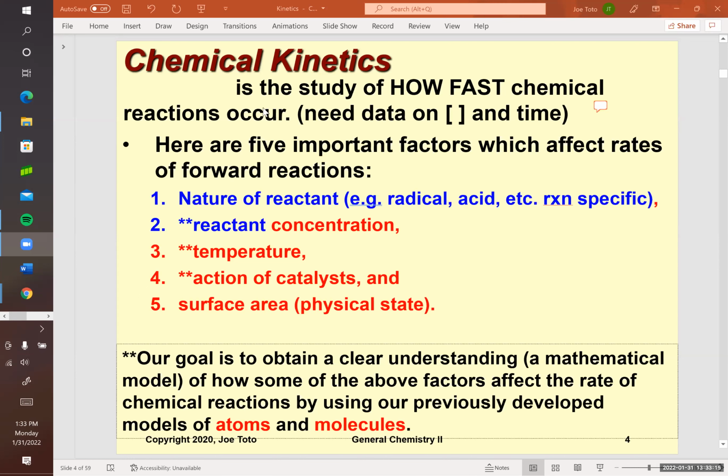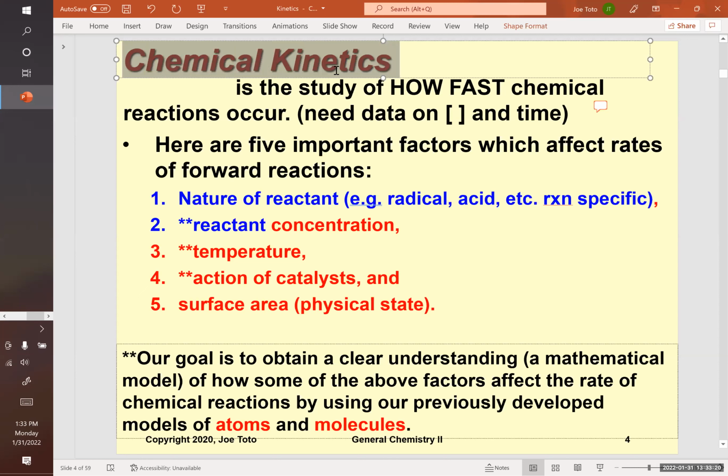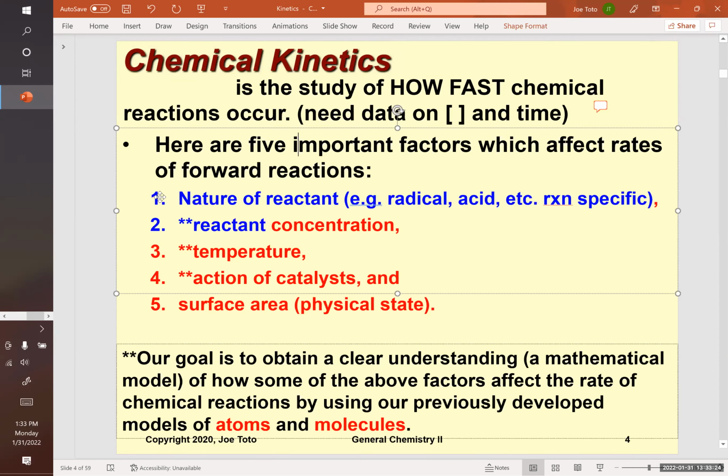All right, so the first thing that we want to talk about is chemical kinetics, the speed of reactions. And this first topic here is really what we've been talking about. What kind of reaction is it? Is it an acid-base reaction? Is it a combustion? Is it a displacement or an exchange reaction? That's what you guys called it in Chem 200, single and double exchange, and so forth.